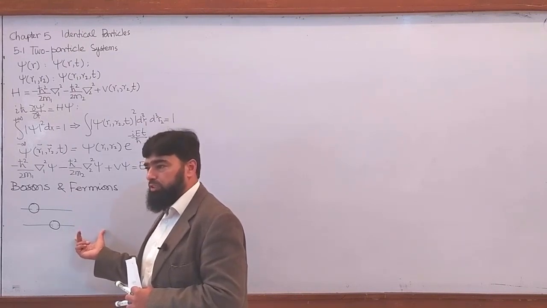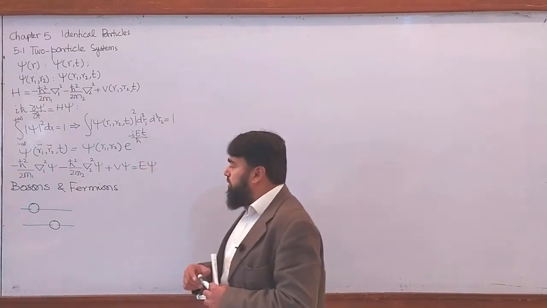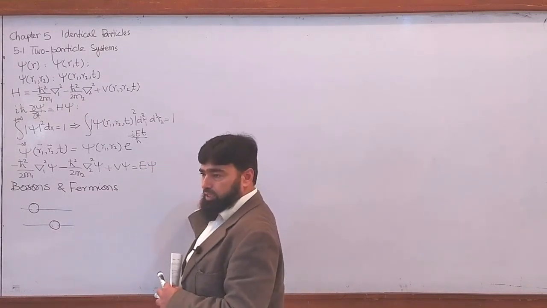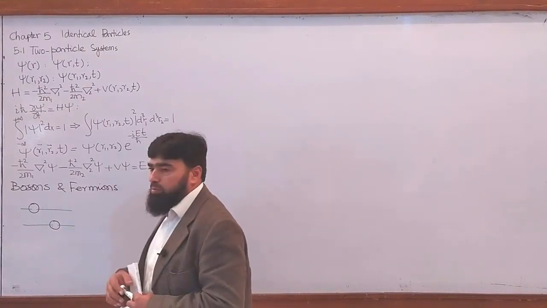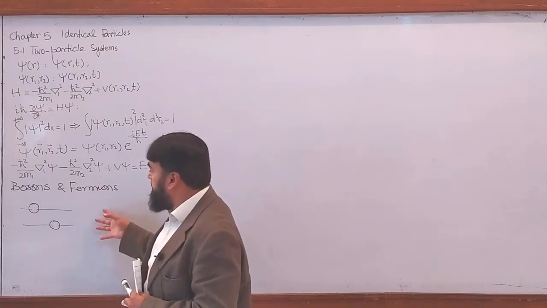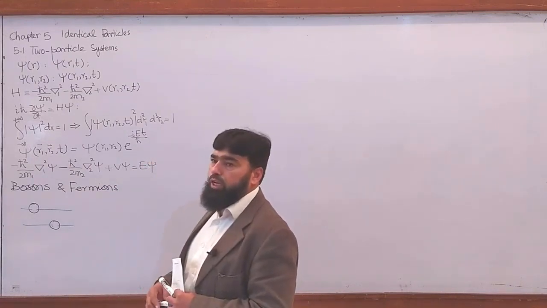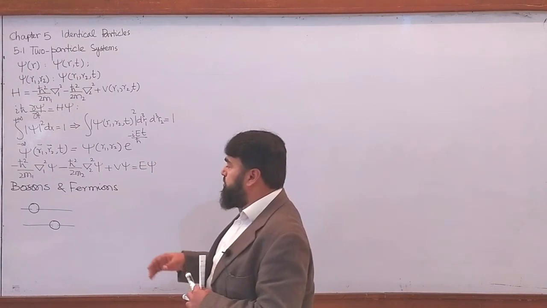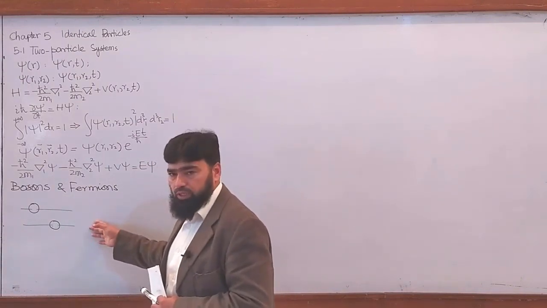So our final aim is there. But we will start from scratch, and we will develop some mathematics, and we can apply that mathematics in order to go to a complex configuration. Clear?